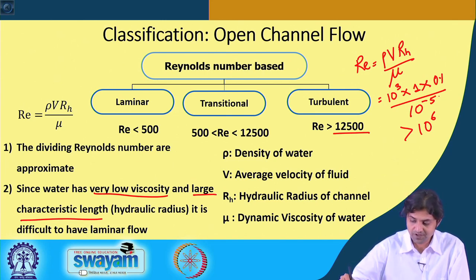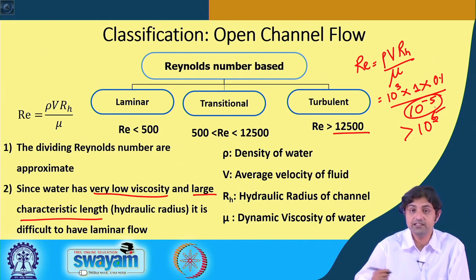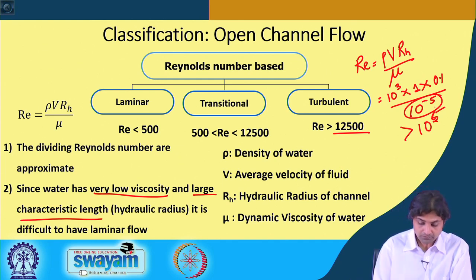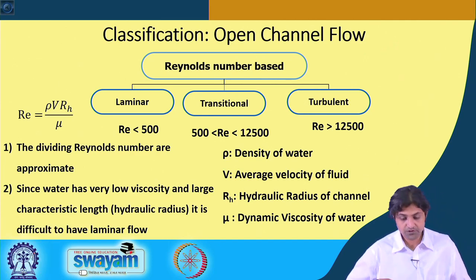I am not completely sure about this value, but even if mu is of the order of 10 to the power minus 3, this will be greater than, let us say, 10 to the power 5. So, it is easily turbulent flow. This was the classification based on Reynolds number.